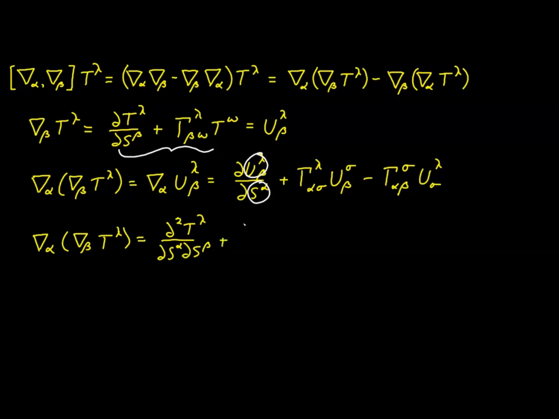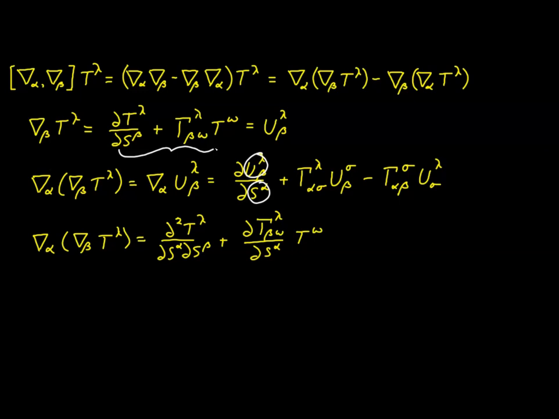So we're going to have the partial derivative of gamma lambda beta omega with respect to S alpha times our remaining term of T omega.